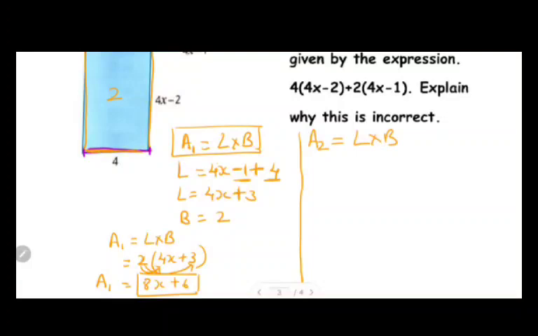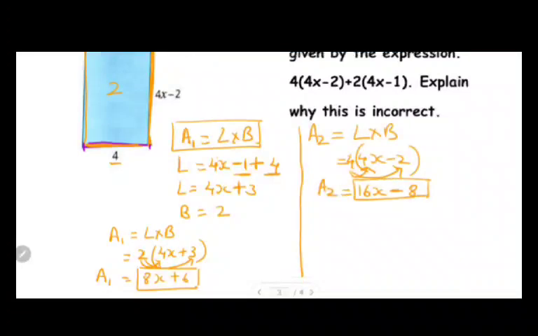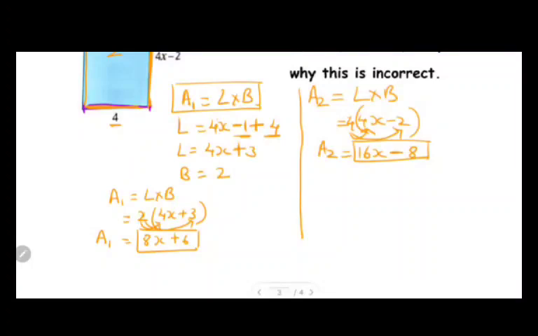What is the length? This is the longer side, that's the length, which is 4x minus 2. What is the breadth? 4. So I will multiply this 4 with 4x minus 2. So 4 into 4 gives me 16x, minus 4 into 2 gives me 8. So that's the area of A2. If I have to find out the area of the entire compound shape, it is the area of the first rectangle plus the area of the second rectangle.